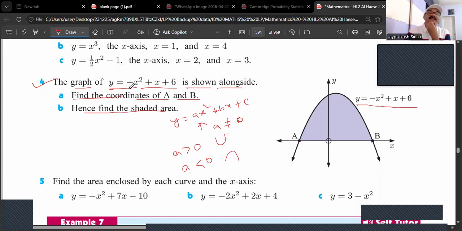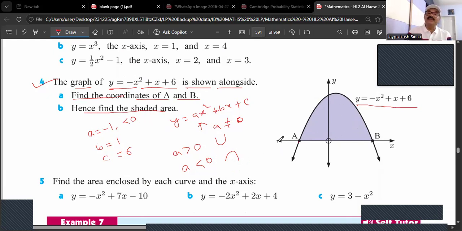Because here, when we compare y is equal to minus x square plus x plus 6 with the general expression, we find that a is equal to -1, b is equal to +1, and c is equal to 6. Because a is equal to -1, which is less than 0, the shape of the graph will be concave downward. So this is the correct graph.